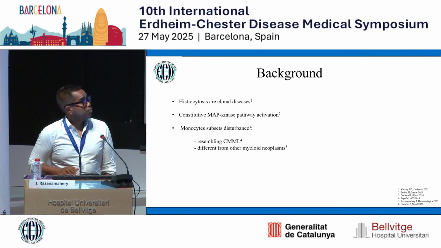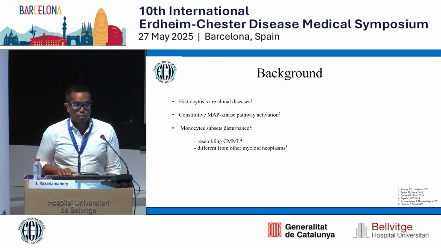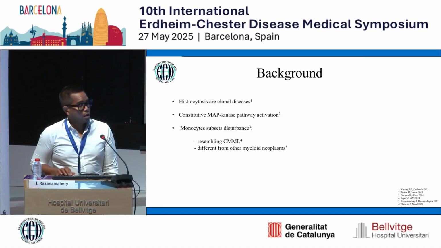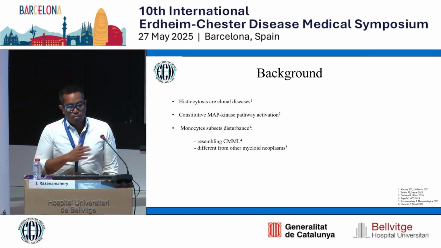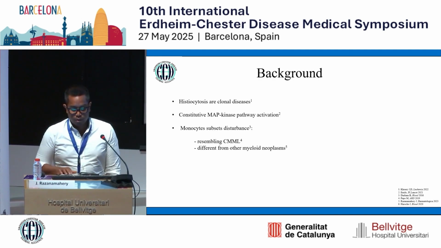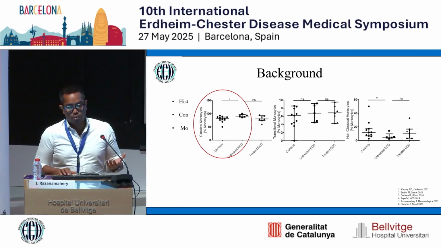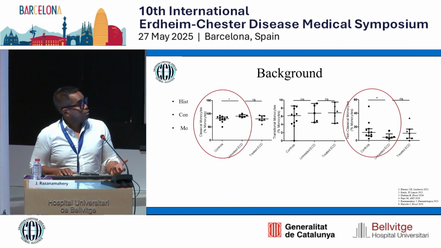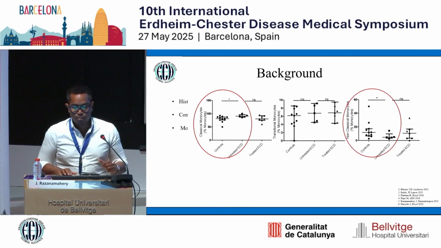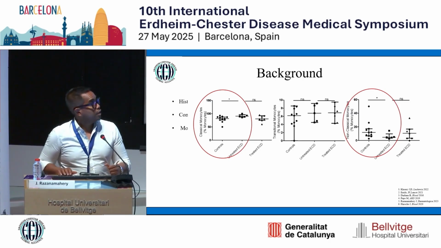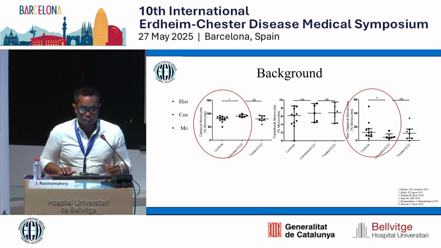For the background, we know that histiocytosis disorders are clonal diseases with MAPK-kinase mutation, and we know from work by Matthias Papo that there is a monocyte subset disturbance in patients with ECD. It resembles CMML because there is an increase of the classical monocyte and a decrease of the non-classical monocyte compared to control in untreated ECD.